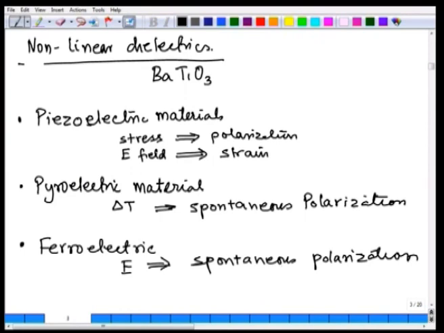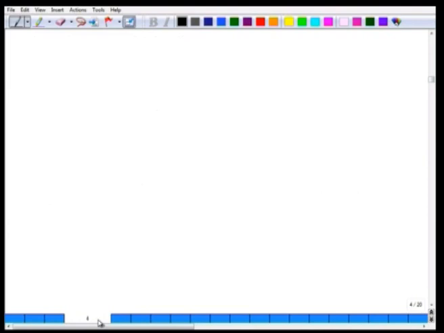So, these are the three types of materials. How are they connected? Let us look at this one time, and take what I am writing as a statement of fact, because it is not part of the course here. We have 32 point groups or crystal symmetries.